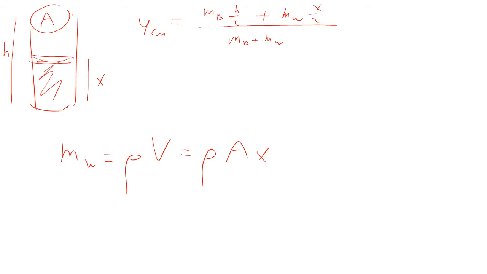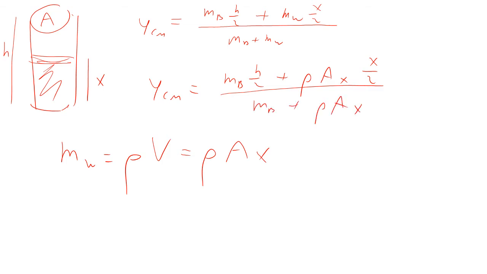So that means y center of mass is going to be the mass of the barrel times h over 2 plus rho A x times x over 2, divided by the mass of the barrel plus rho A x. We can write that a little bit neater.